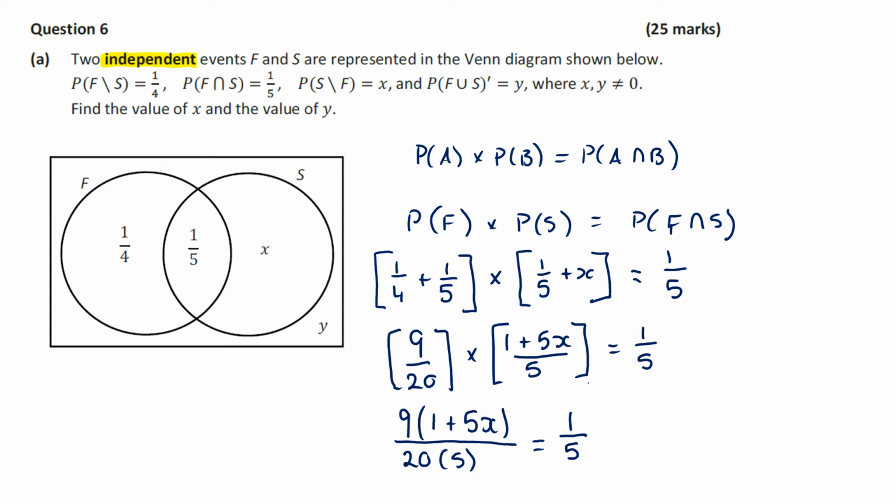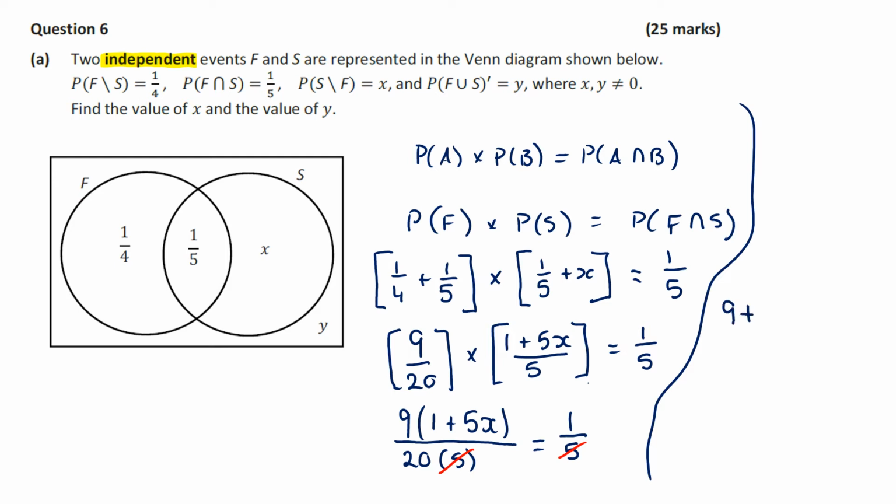At this point, you can work whatever way you prefer. If you want to think of it as multiplying both sides by the denominators, you can. If you prefer, cancel off those 5s, multiply both sides by 5, they will cancel, then bring the 20 over and multiply both sides by 20.